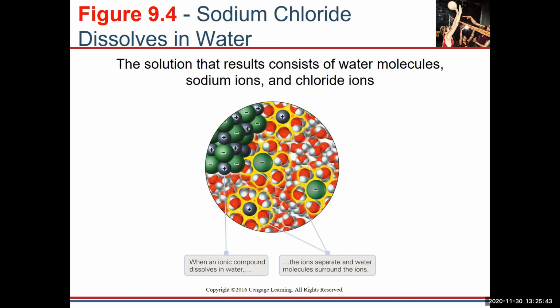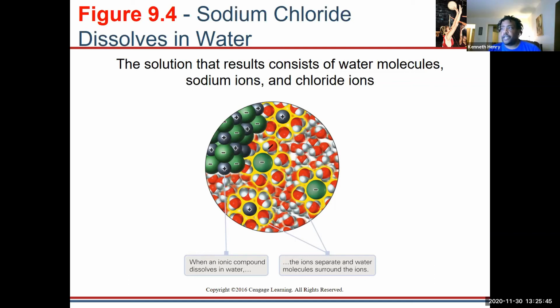The water will orient itself so that the hydrogens will be interacting with the minus charge and the oxygens will be interacting with the plus charge, okay? That's because water is polar, meaning that it's partially positive and partially negative. Even though it's a single compound, connected together, it has that partial charge associated with it. And so it's oriented as such.